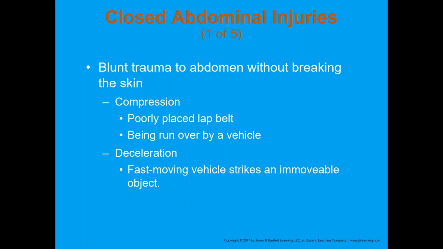We see a lot of blunt trauma to the abdomen when you talk things like assault. We can see penetrating trauma when we talk about different kinds of assault. It all depends on how the patient was assaulted.